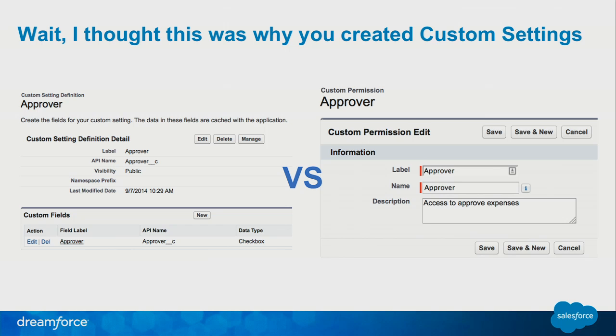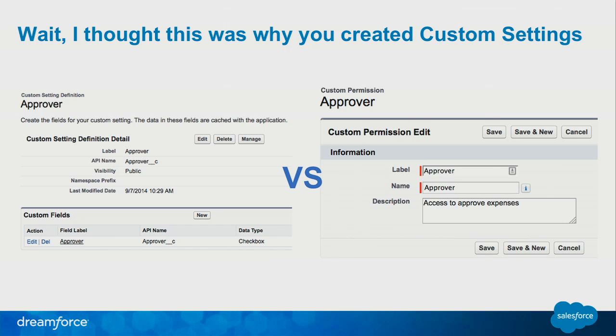Right? Now, you can absolutely keep doing that. We're not getting rid of custom settings. Custom settings have a great use. But in the permissioning world, we worry about some things that are kind of important, like the integrity of the permissions, the validation of the permissions, the licensing of the permissions. And custom settings, we started to go down that path and we said, it's a little bit loosey-goosey, right?